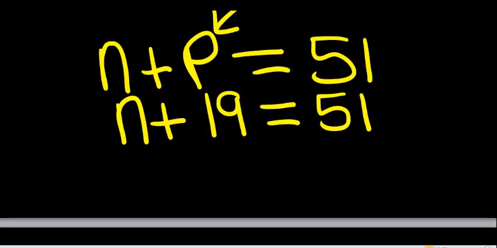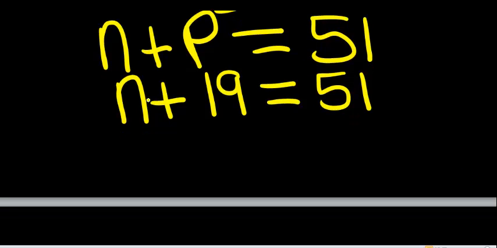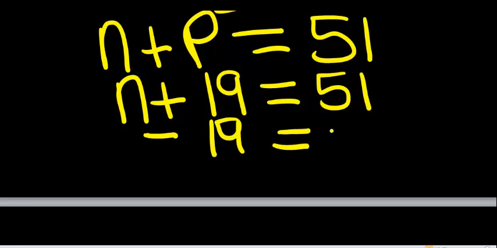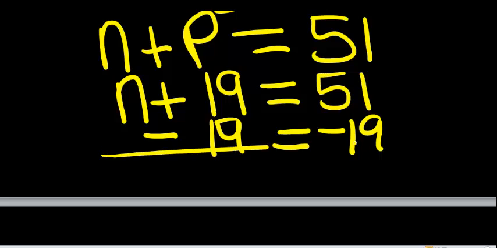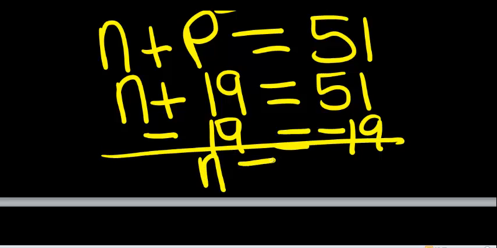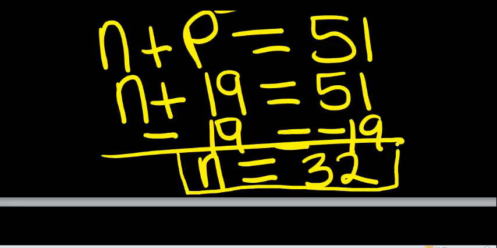I'm trying to solve this equation for n, so I subtract 19 from each side. When I do that, I find out that n is equal to 32. Am I right? I don't know.